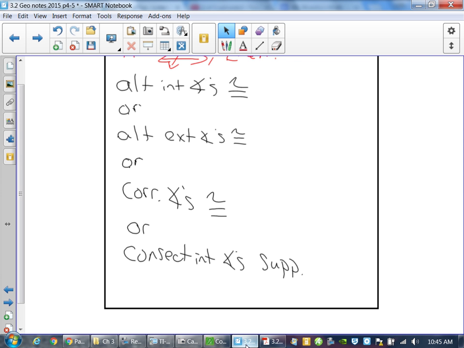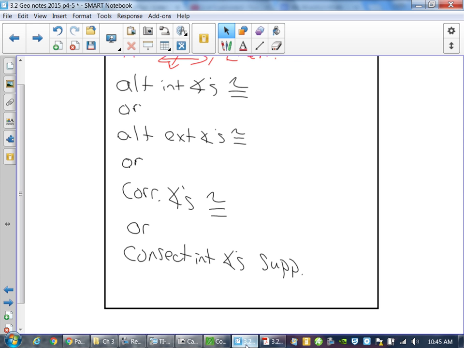Consecutive interior are same side, inside.